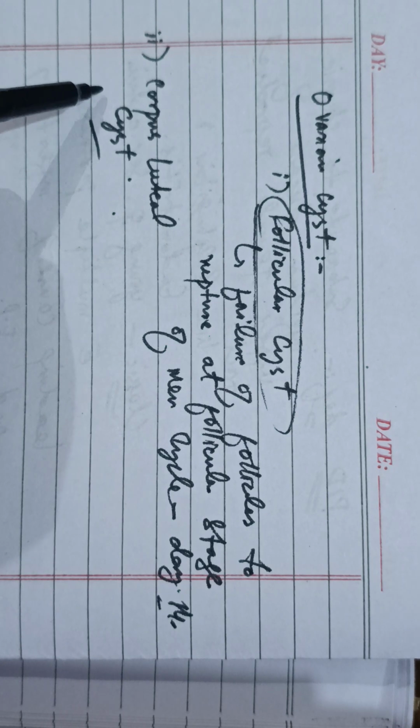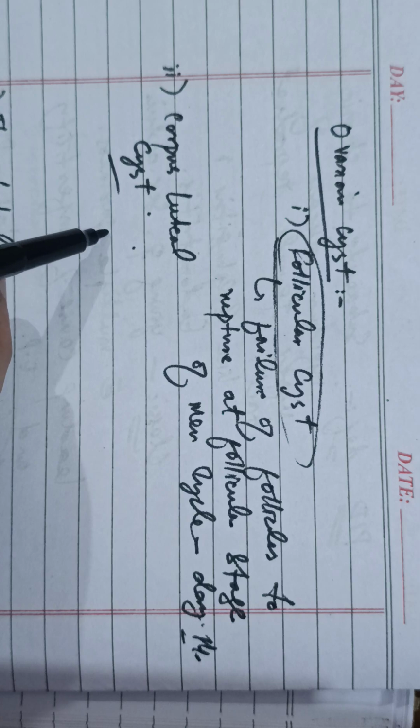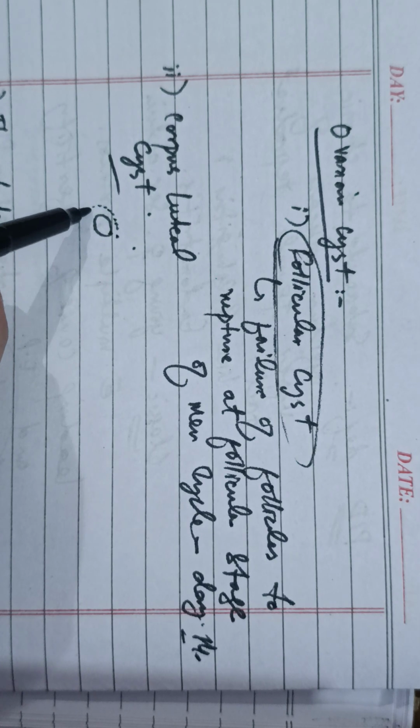The corpus luteal cyst, this is a corpus luteum and it is surrounded by a granulosa cell layer.